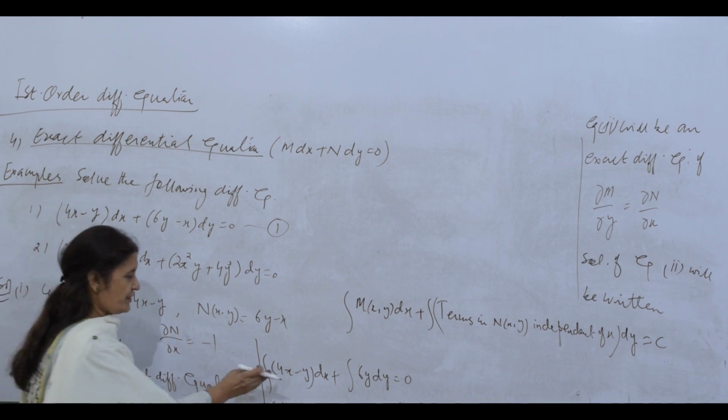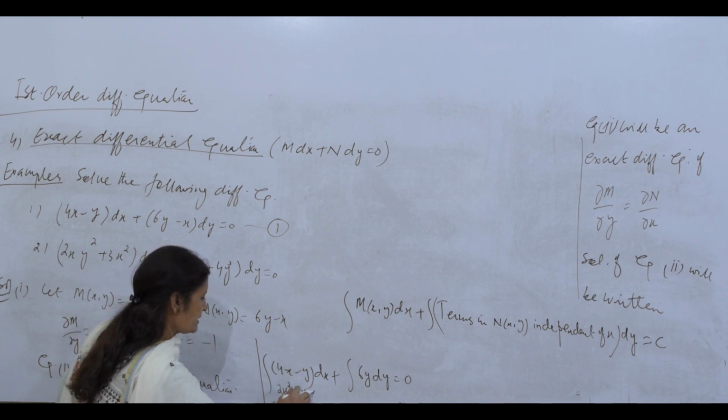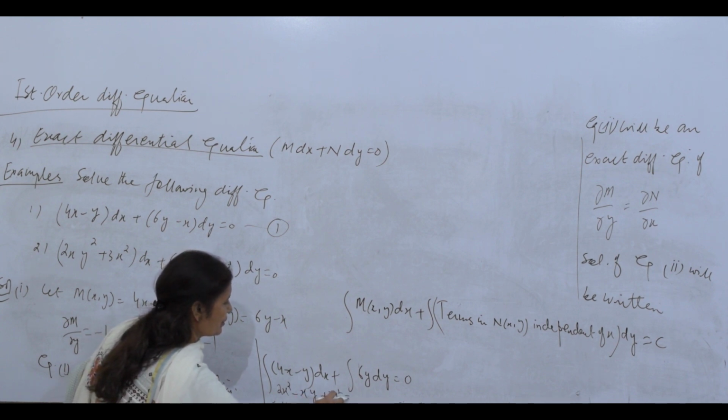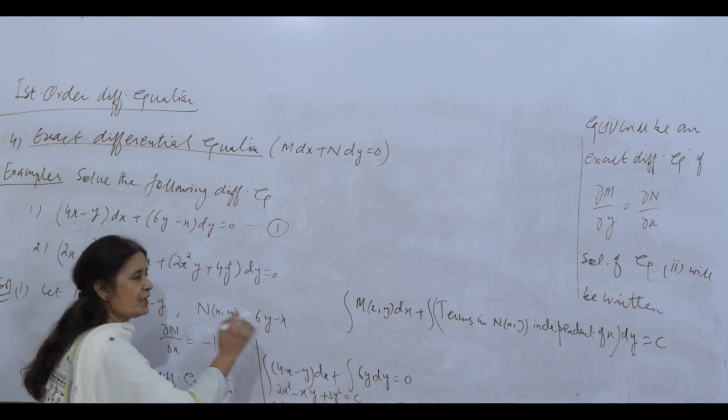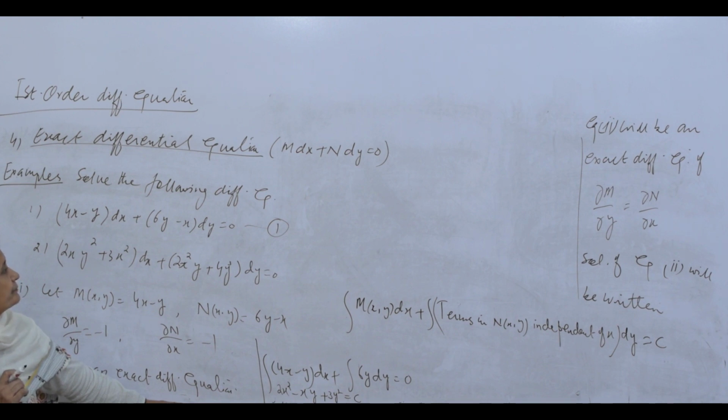Let me integrate with respect to x. X square by 2, which is 2x square, minus xy, plus 3y square equal to c. Y square by 2 and that's 2, 3 is 6.